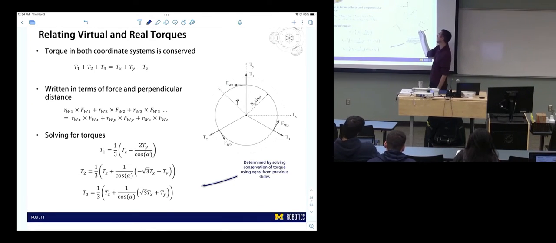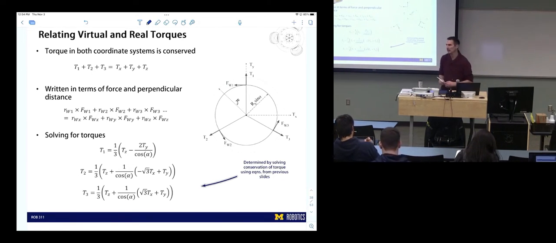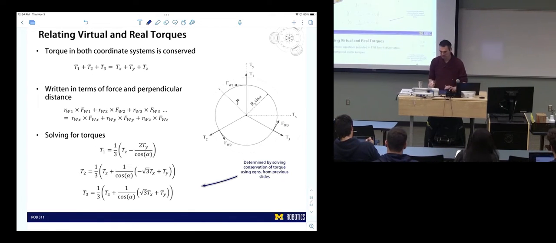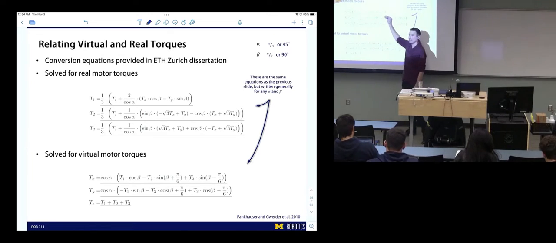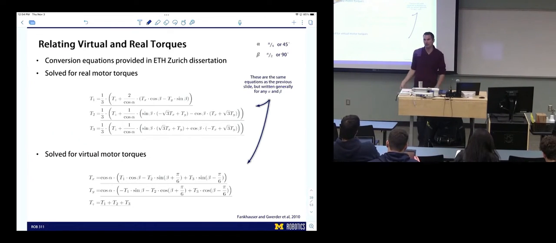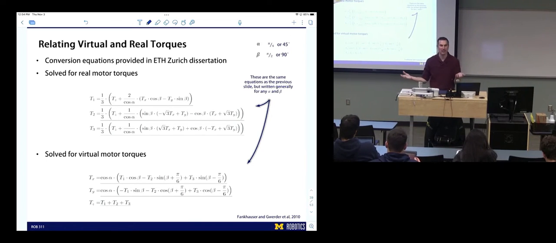Beta is the angle to motor 1. For our case, it's 90 degrees. So this is the general form, and in all the equations that you're provided, we've already accounted for beta, so that's why you don't really see it. But if you wanted to change that for some reason, you could.